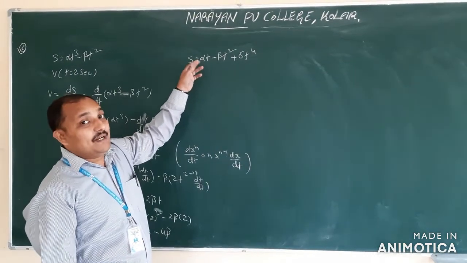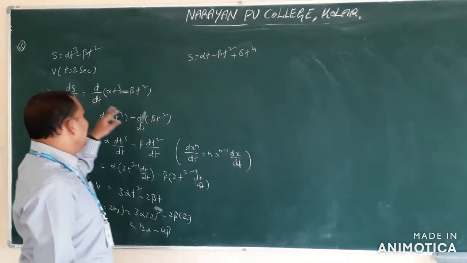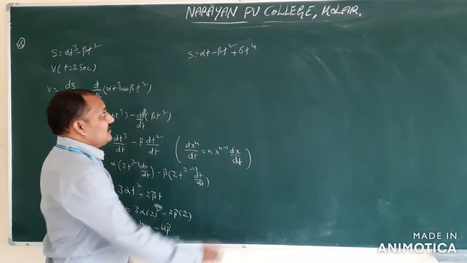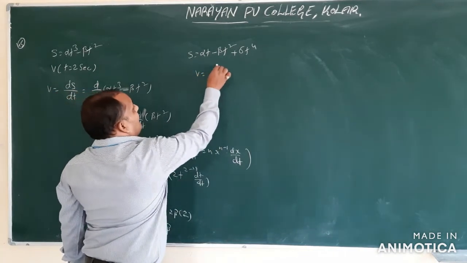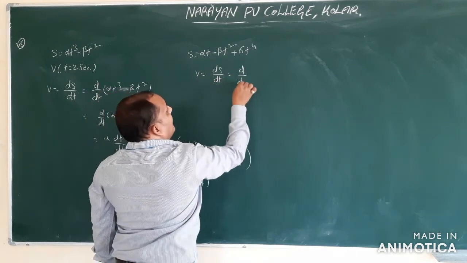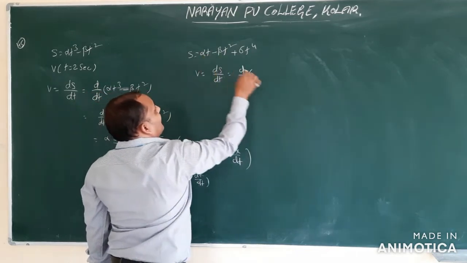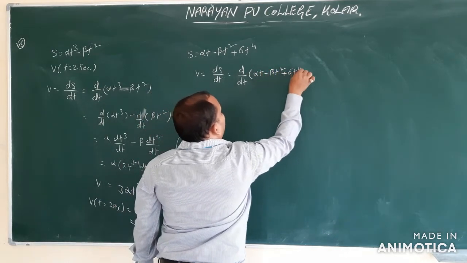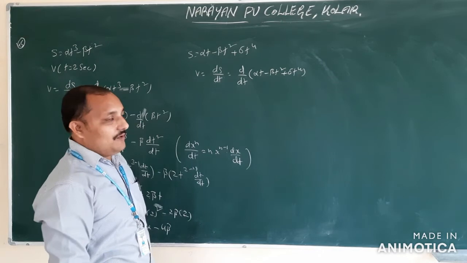So if you differentiate displacement one time, you will get velocity. If you differentiate velocity one time, you will get acceleration. Therefore, V is equal to ds by dt. d by dt of the S value, alpha t minus beta t square plus delta t power 4.